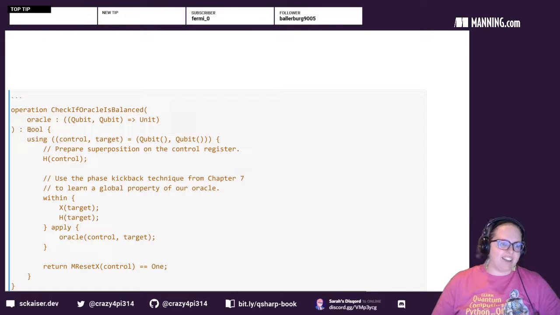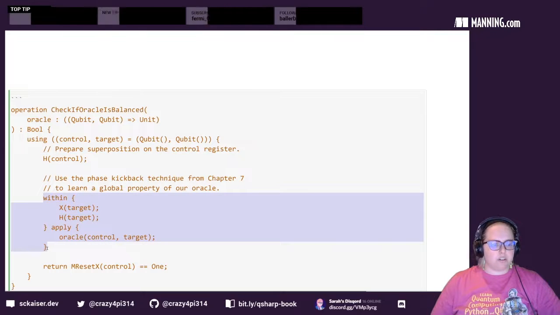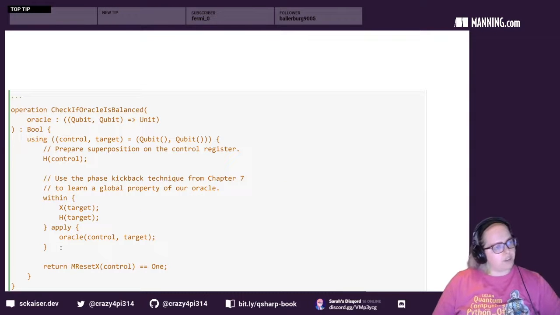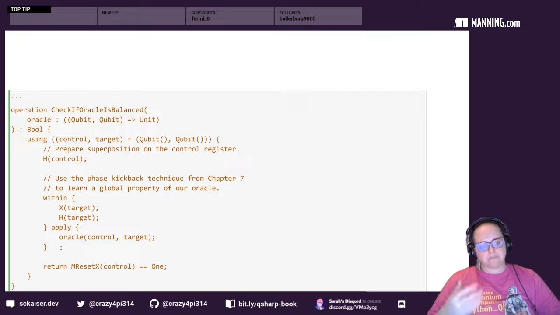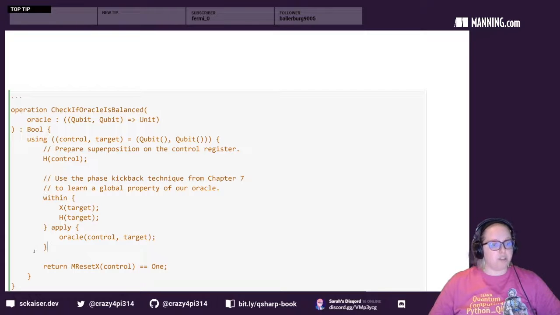If we look at the key operation here that checks if an oracle is balanced, it takes an oracle as input. We use 2 qubits, which we call control and target. We prepare one of them in superposition, and then use some specialized quantum structures in Q#. One example is within apply.